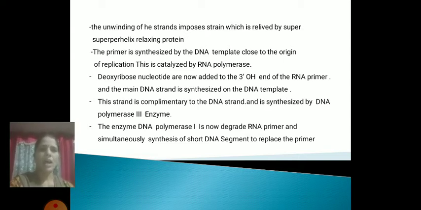The enzyme DNA polymerase I now degrades the RNA primer and simultaneously synthesizes a short DNA segment to replace the primer. So DNA polymerase I also has two functions: the synthesis of a new DNA strand, that is the catalytic activity, and the removal of the RNA primer, that is the exonuclease activity.